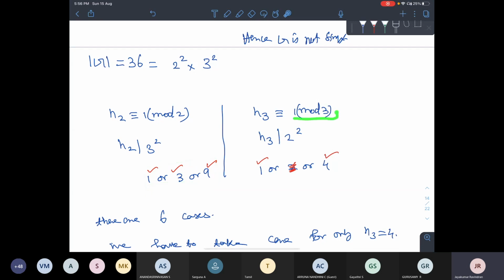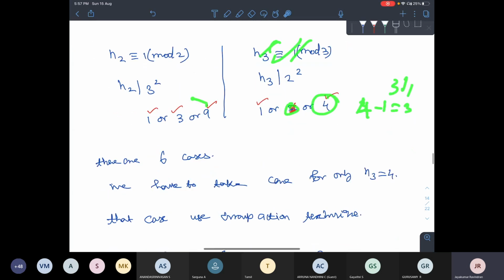In the N3 case, N3 congruent to 1 mod 3, N3 divides 2 square, so 1, 2 or 4. You see, 2 is not satisfied by the equation, 4 is satisfied because 4 minus 1 is 3, and 3 is divisible by 3. So there are 3 possibilities here, 2 possibilities here, so there are 6 possibilities.